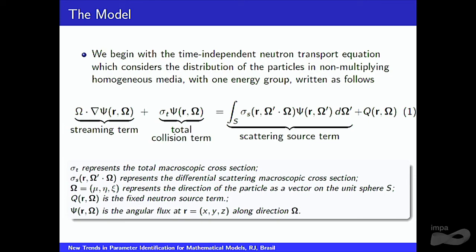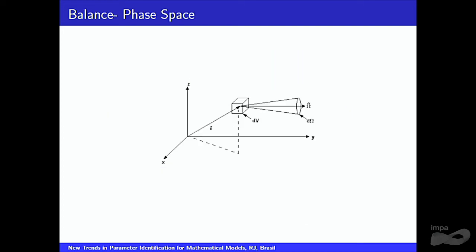These terms are related to a balance in what we call the phase space. For example, when I try to describe a particle, I have to consider a balance in the particle which is in a position r about this differential element dV.